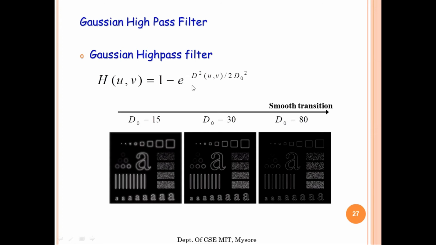But in the case of the ideal high pass filter, there will be a ringing effect. In the Gaussian high pass filter, there is no ringing effect. Okay, this is the example output of the Gaussian high pass filter.